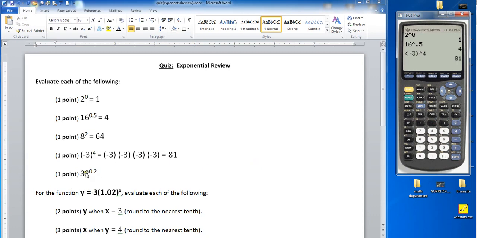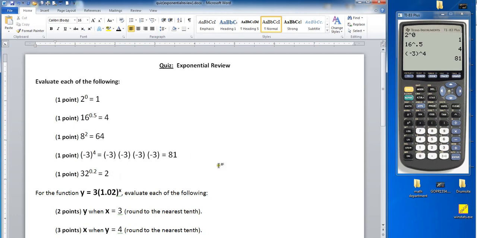This is probably the trickiest one. I'm guessing that you guys may have gone straight to your machines for this one. 32 to the 0.2 power, that's the 2/10 power. Remember how up here the 16 to the 1/2 power was the square root of 16? 32 to the 1/5 power is the 5th root of 32. So you have to ask yourself, what number times itself 5 times equals 32?